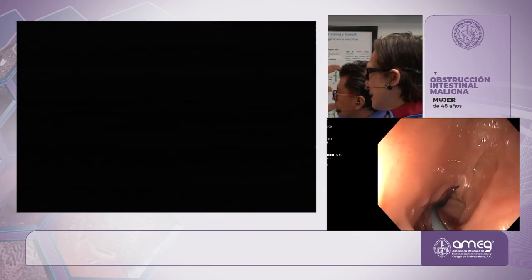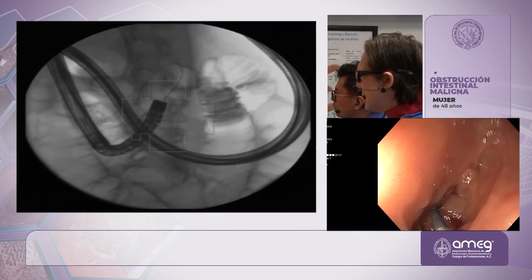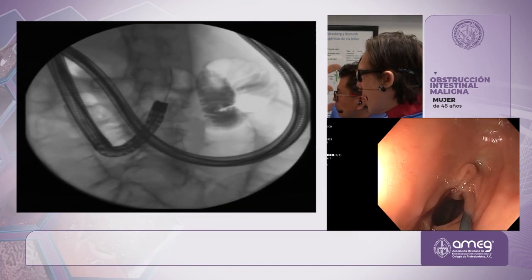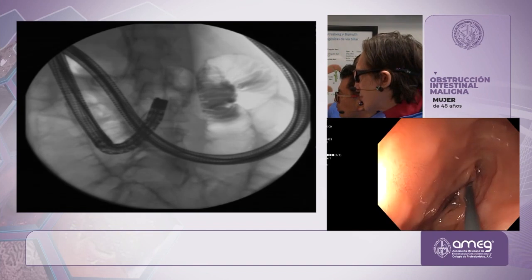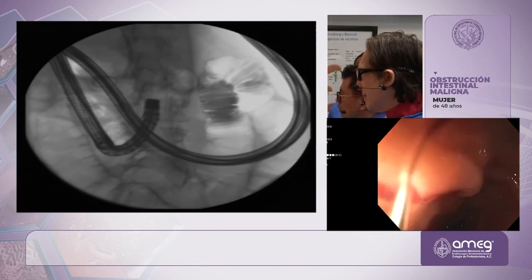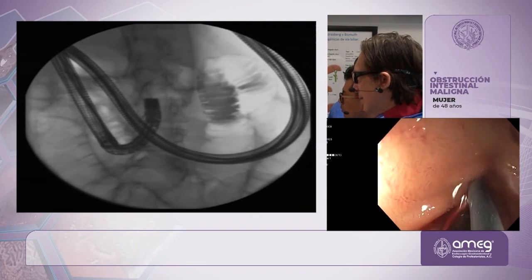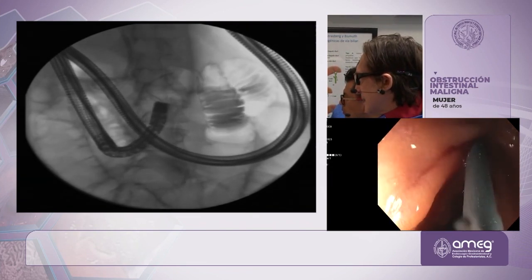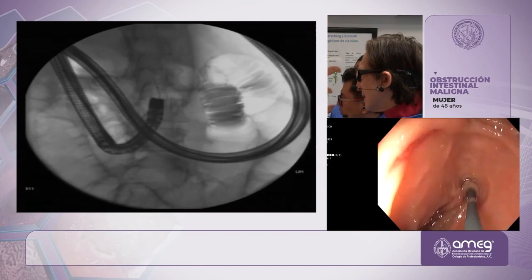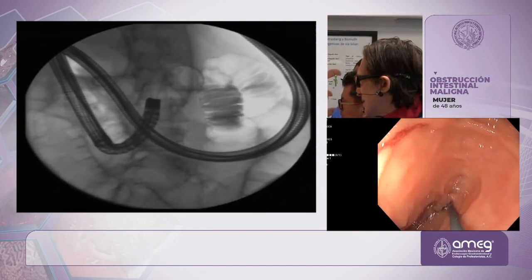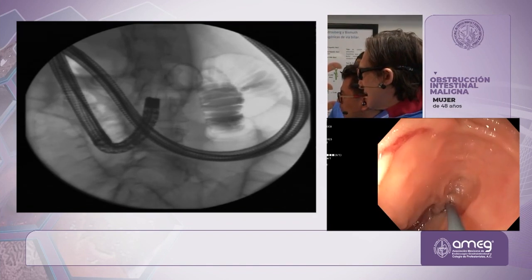So we'll try to get it, this can be a little bit challenging. Getting that wire sort of hitting up against the ligament of Treitz. That's the ligament of Treitz right there. And if we can get it to flip over, that would be ideal. There we go. Almost. I think it's almost.